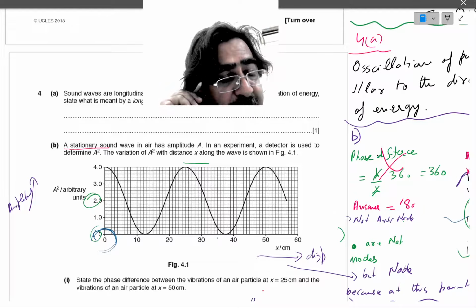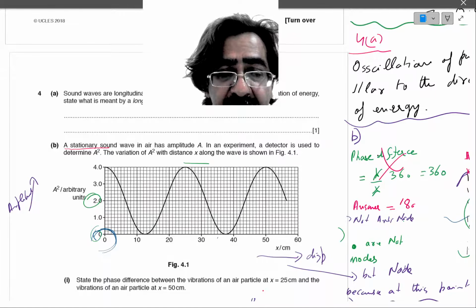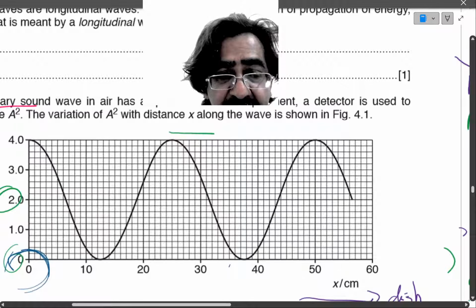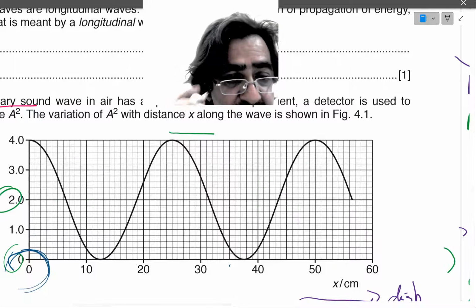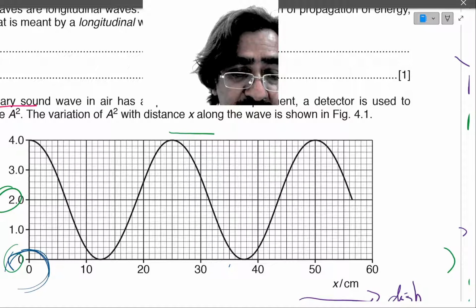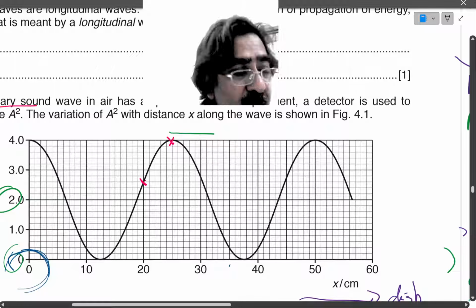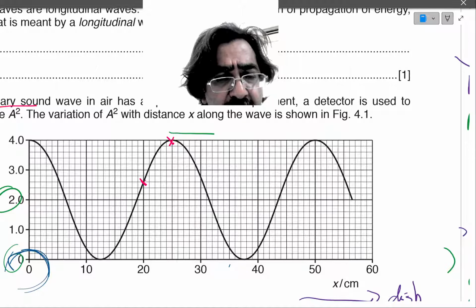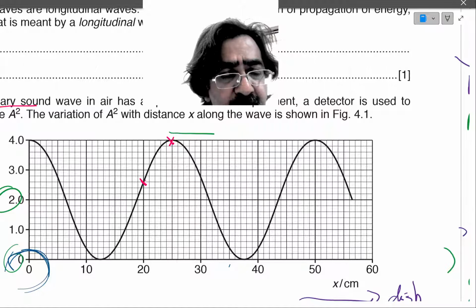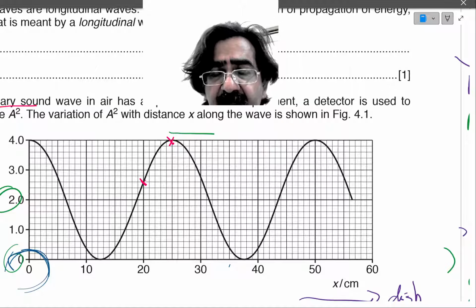Well, yes, I have to find the amplitude at 20. Around about this. At 25, this is 4. Okay, this is roundabout 2.6. Okay, 2.6. But these are the square.